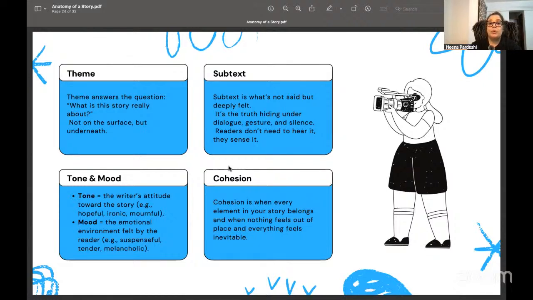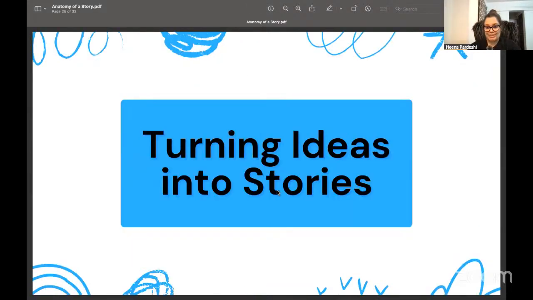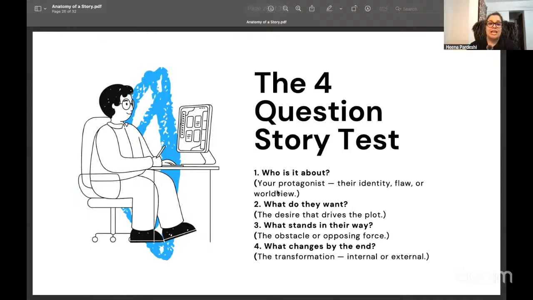Now, I'm going to quickly talk about turning ideas into stories. I have so many people ask me this question: I have this idea, but how do I know if it can be turned into a story? So here's my answer.